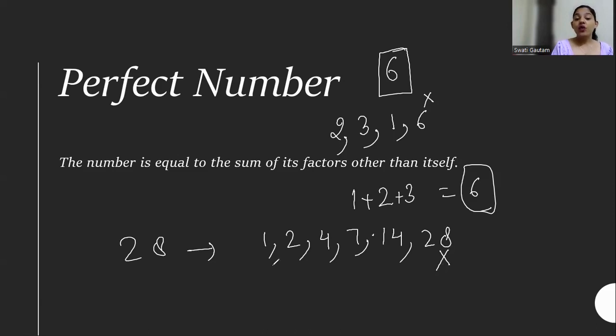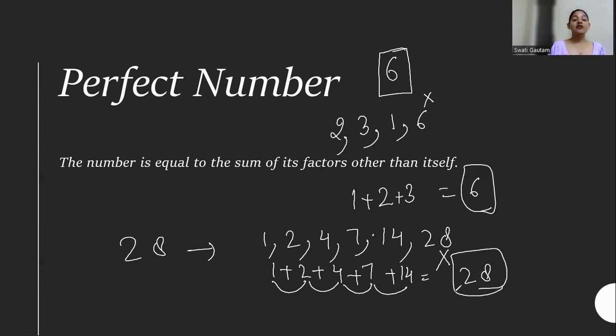So I add all the other factors except 28: 2 plus 1 is 3, 3 plus 4 is 7, 7 plus 7 is 14, and 14 plus 14 is 28. So 28 is also a perfect number. Perfect numbers are those numbers made by the addition of their factors except itself. So 6 and 28 are perfect numbers. These are the examples.